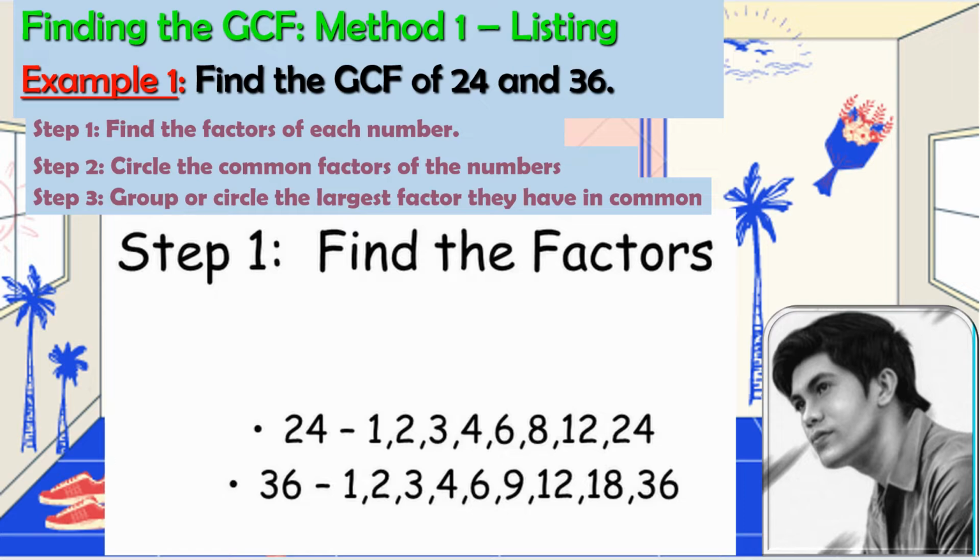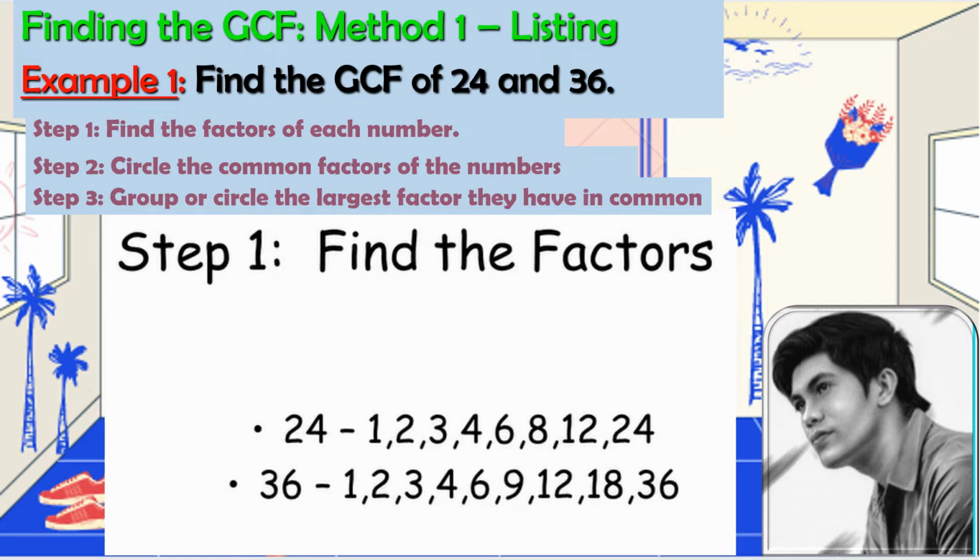And in 36, these are the factors of 36: 1, 2, 3, 4, 6, 9, 12, 18, 36. The lowest is 1 and the highest is 36. Example, 1 times 36 equals 36. 2 times 18 equals 36. 3 times 12 equals 36. 4 times 9 equals 36.